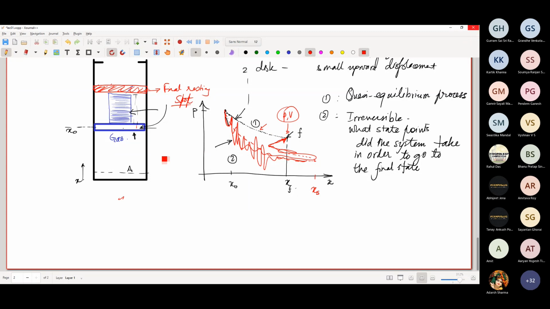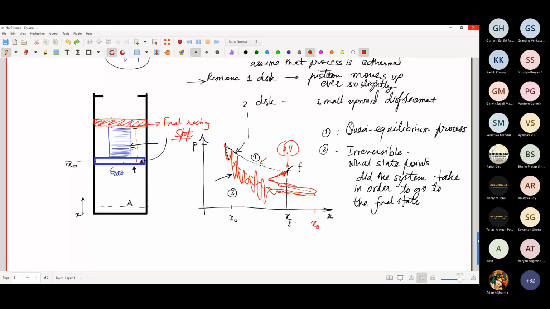So, very good morning. In the previous lecture, we looked at what a quasi-equilibrium process is and why it is important for us to make that assumption of the process being quasi-equilibrium. And quasi-equilibrium does not mean that the process is reversible.